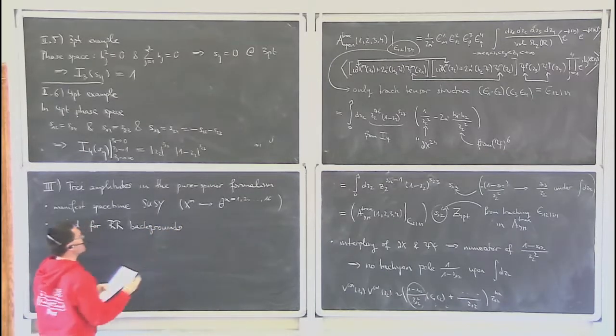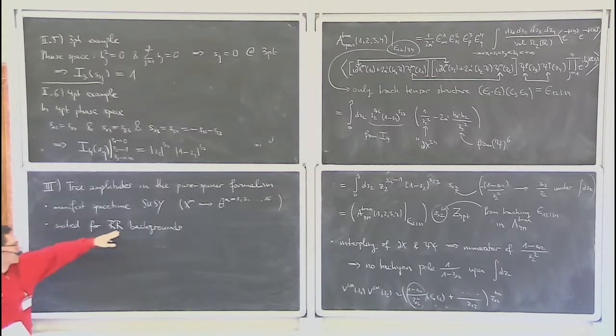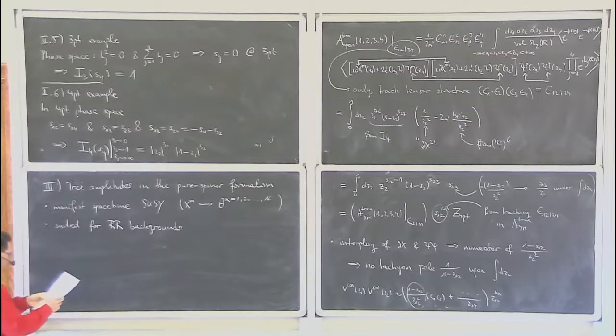There are other manifestly supersymmetric formalisms which are more qualified for Ramond-Ramond backgrounds, so for the moment I'm only comparing RNS with pure spinor. There's, for instance, the hybrid formalism, which could be useful for RR backgrounds in lower dimensions.